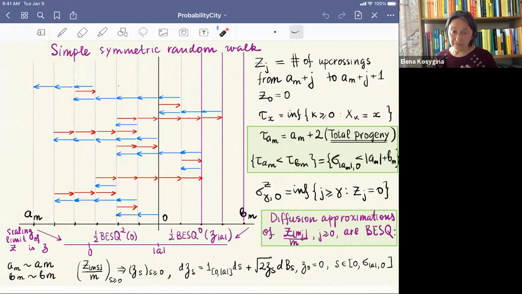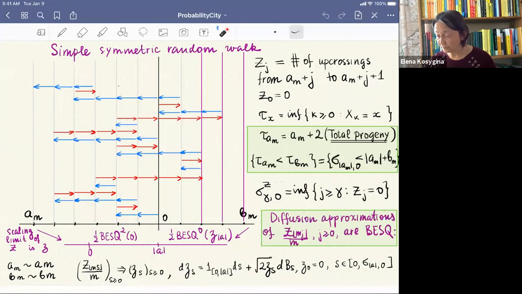And then I want to, again, remind you and set up the notation. At this time, if I look at the up crossings and consider this as a zeroth generation, first generation, second, and so on, then I will get a Galton-Watson process. So Z_j is the number of up crossings from this level to the next level that happened up to this first hitting time of -m. And I start my process with 0.